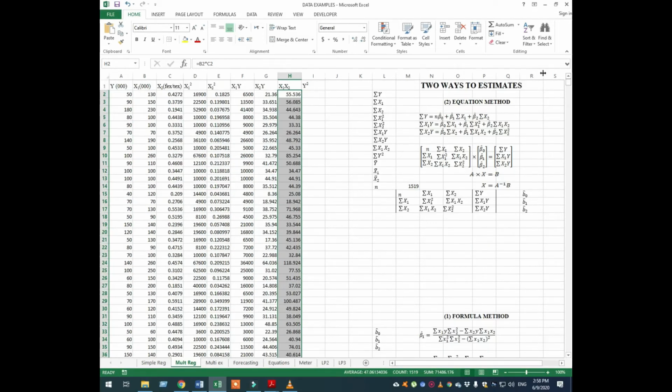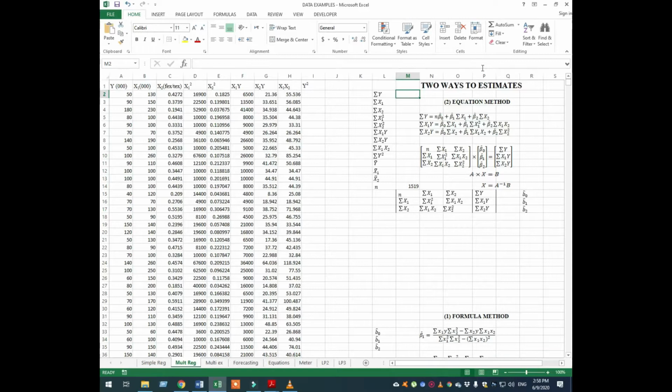So we have done successfully the taking of squares and the product form, and now I'll be taking the sum of it. So just again using this auto sum function, I'll be taking the sum of all required estimation.